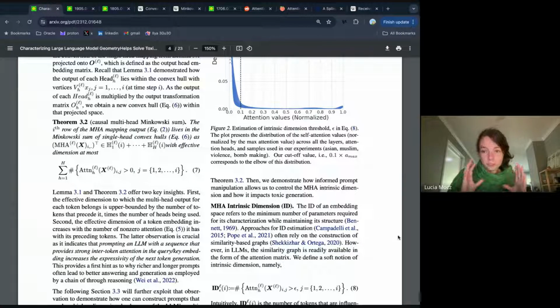All right, so why is this significant? Why do we really want to understand this? What does this add to anything about LLM predictions? The first thing that they note inside of this paper is that they're going to apply this to toxicity detection.